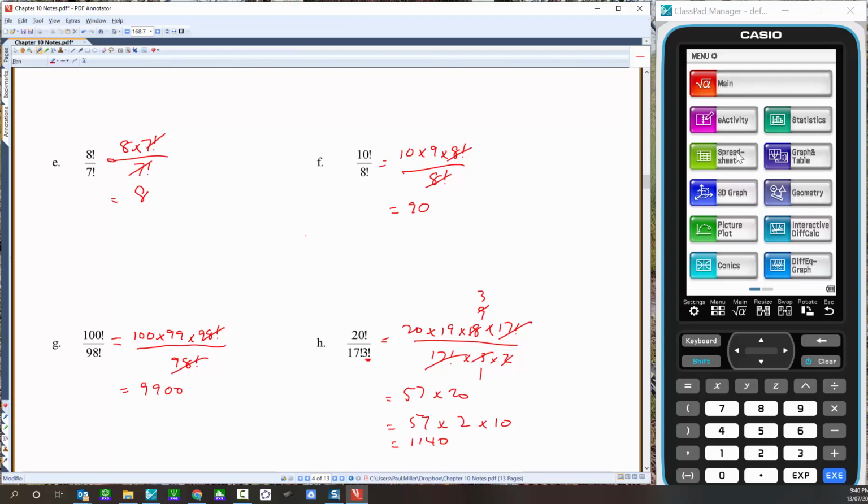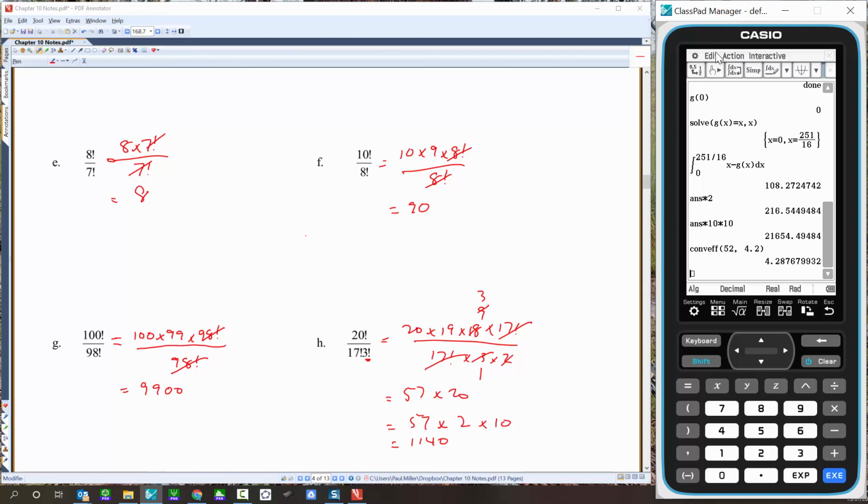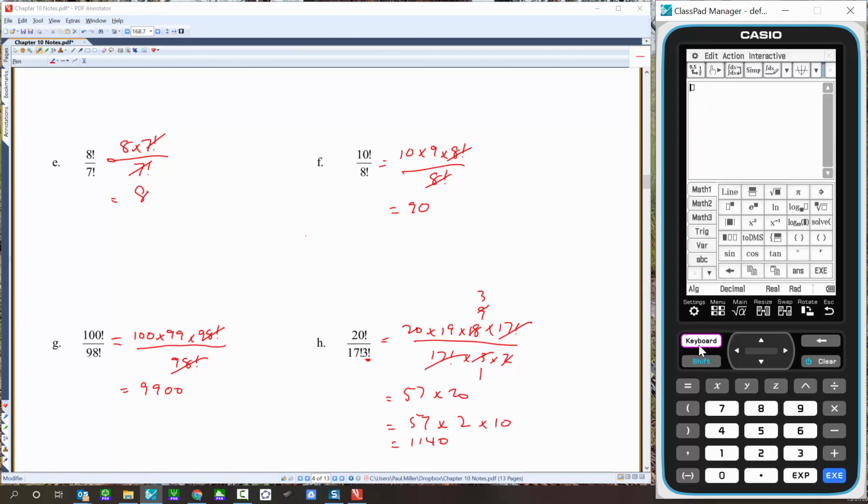Let's check it actually. So this would be a good time to jump on your calculator and go to main. Let's get rid of all of this. And what we're going to do is open up the soft keyboard. And you know you're getting into some serious mathematics when you have to go down into advance. All right, this is the hardcore section of the calculator here.